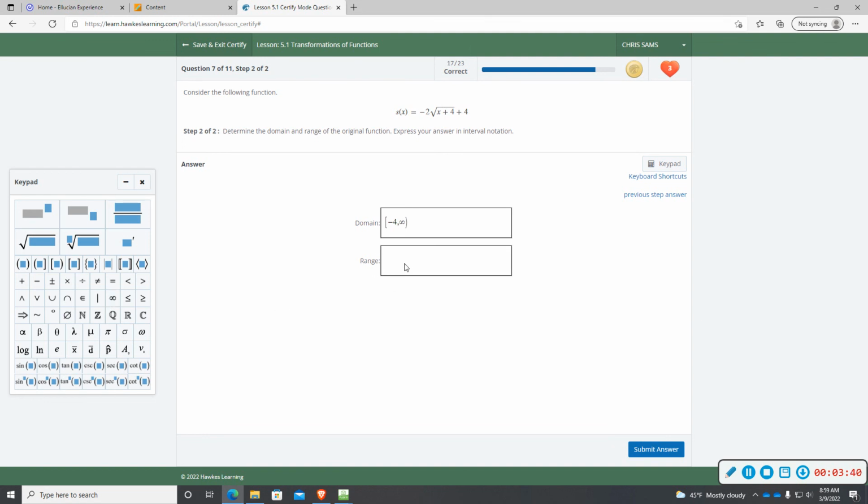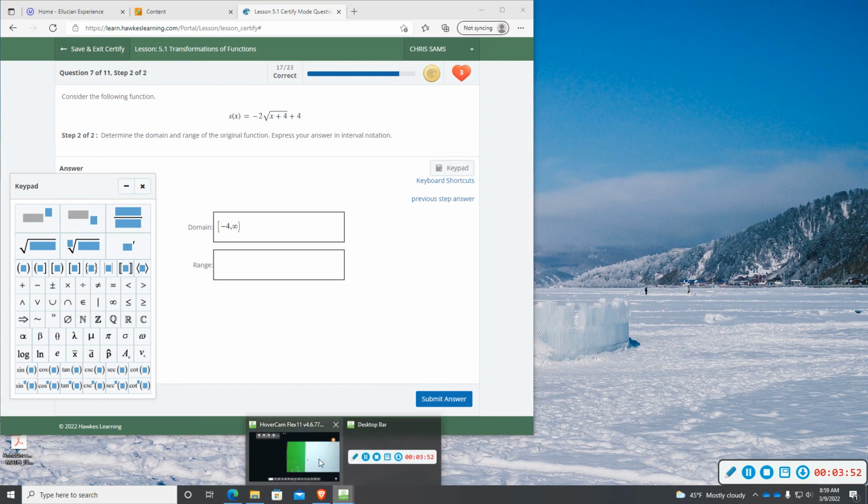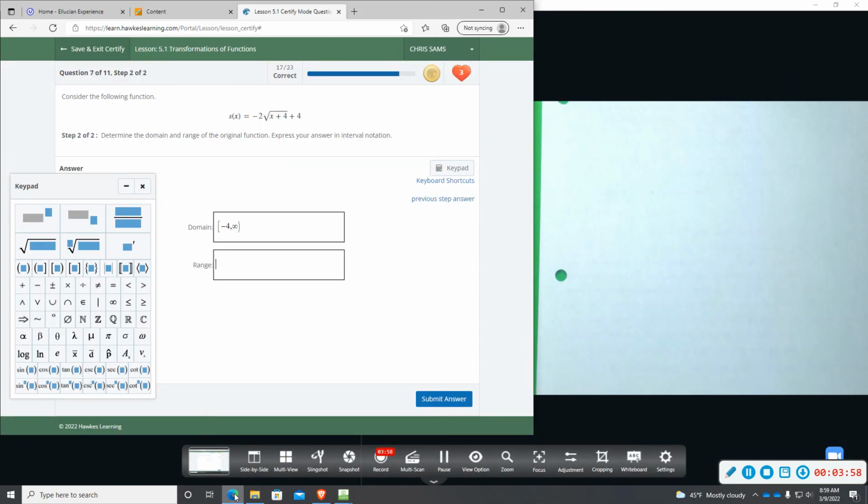And then the range, so remember that image we saw of the graph. Just kind of sketch this again just so you can get a better visual of what I am saying.